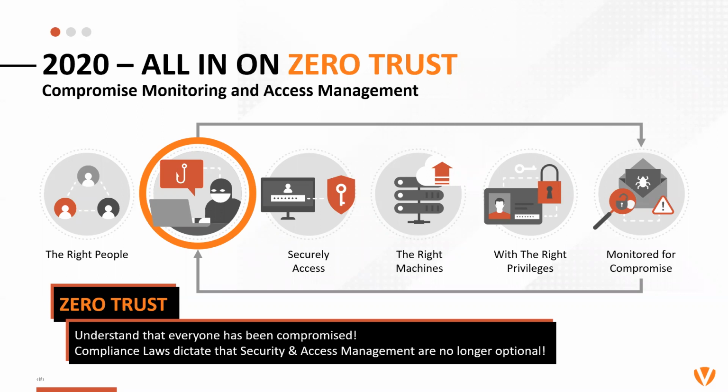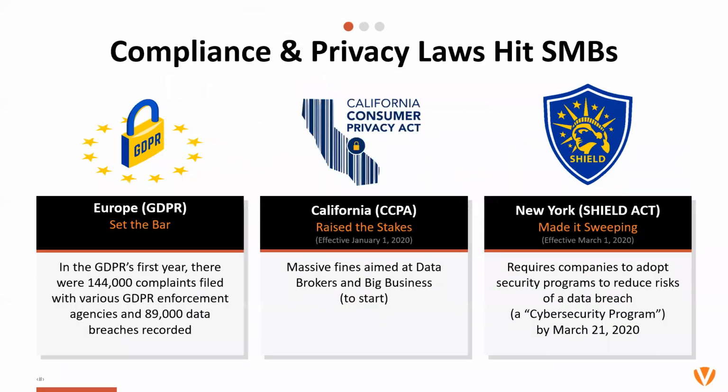But beyond that, zero trust allows us to work towards alignment with compliance laws, which dictate how we approach security and access management. Because here's the thing, compliance and privacy are no longer optional. We're seeing compliance regulations make their way around the world, and they're everywhere now.